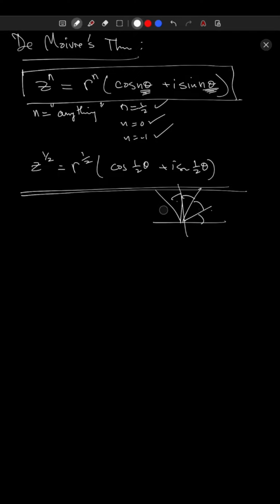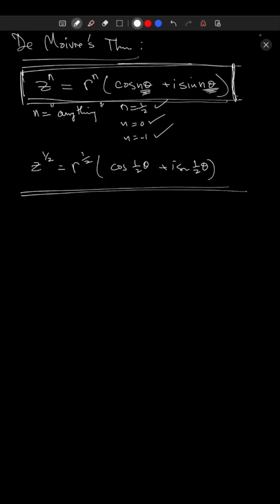So again, it relates to rotational motion, and that's where you see a lot of the applications where you actually use this kind of property. But what we're going to use de Moivre's theorem for is solving powers.